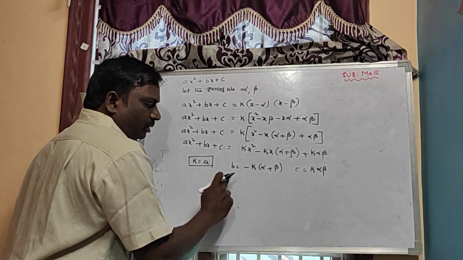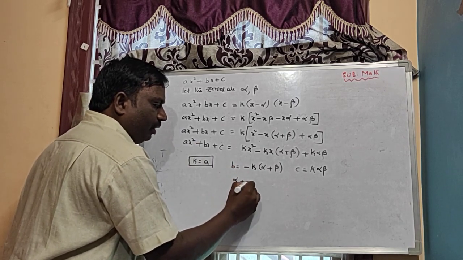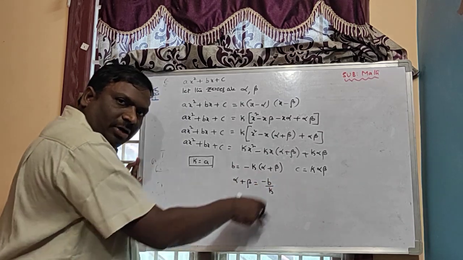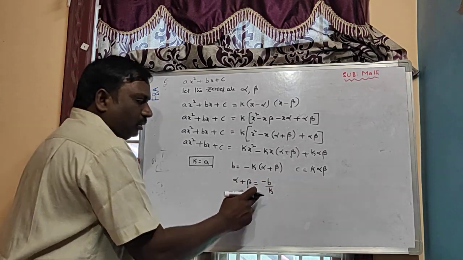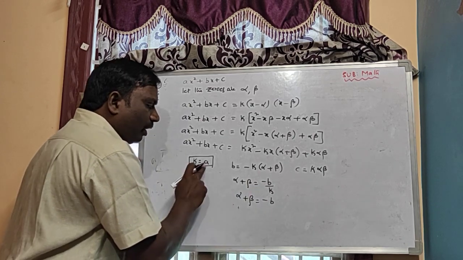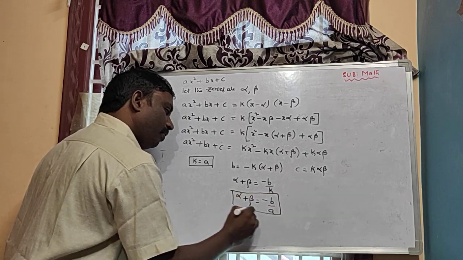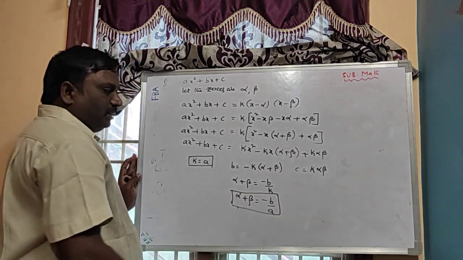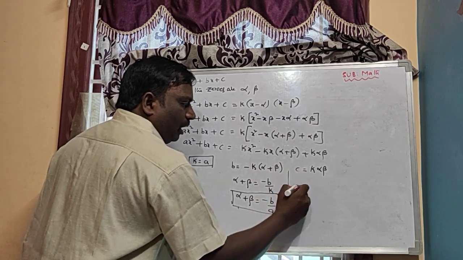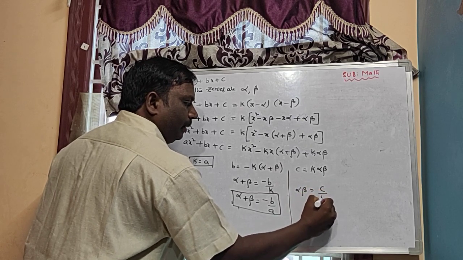Coming to this equation, alpha plus beta equals minus b by k. Here it is multiplying, when it comes to this side, divide. So alpha plus beta equals minus b by k, and the k value is already here, a we got. Similarly coming to this one, alpha into beta equals c by k.